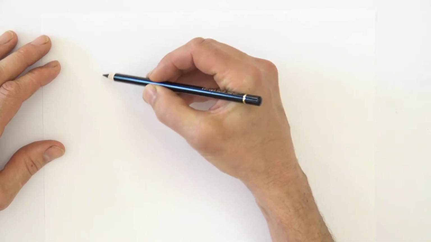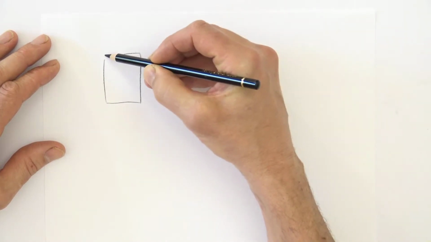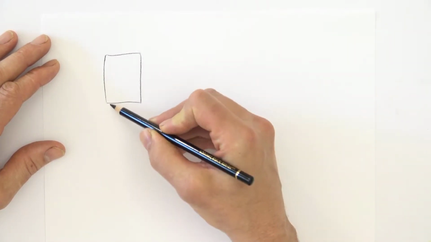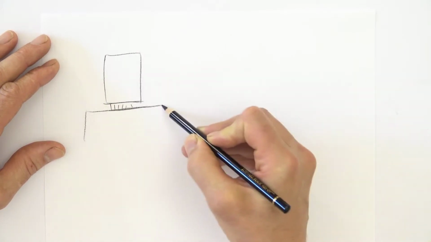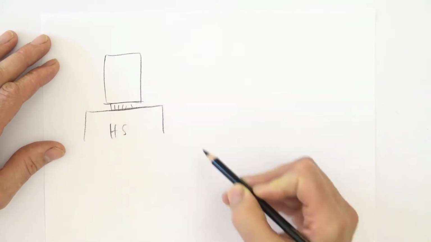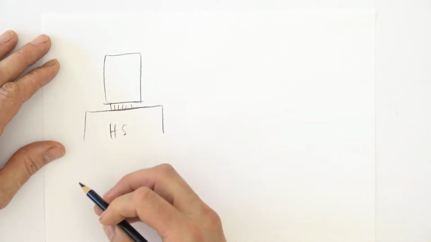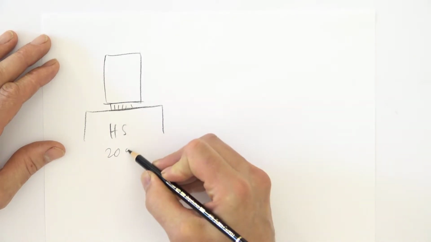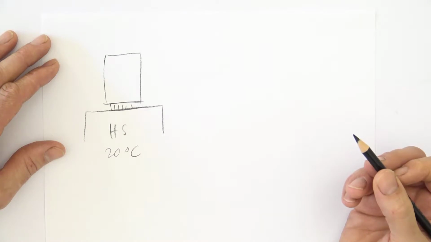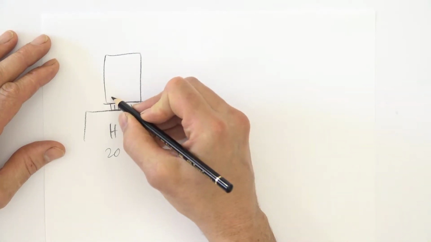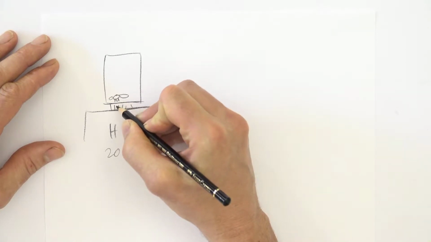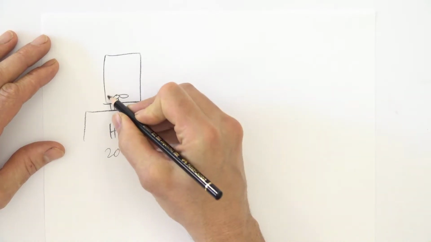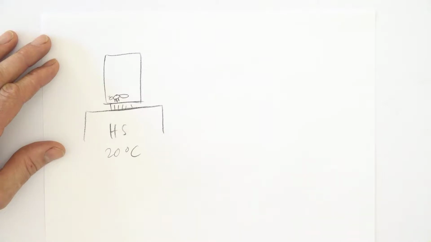Let's look at this in some detail. Here is a calorimeter vial, and here comes the calorimeter, the heat flow sensor and the heat sink. This is all very schematic. Let's say that the heat sink and the calorimeter is running at 20 Celsius. And we have a sample here, which is a small insect.